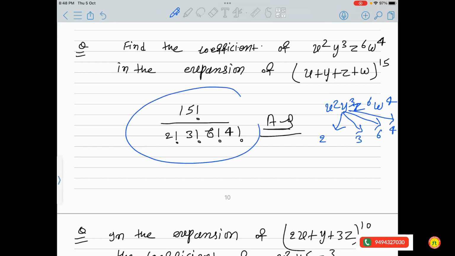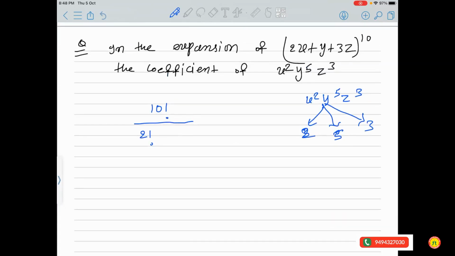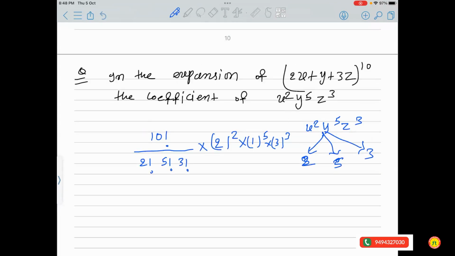So for this question the answer is 10 factorial upon 2 factorial, 5 factorial, 3 factorial, and also multiply the powers: 2 power 2 into 1 power 5 into 3 power 3. Because 3 is the coefficient and the power is 3, so 3 power 3. For 2x, the power of x is square, so the coefficient is also 2 square.